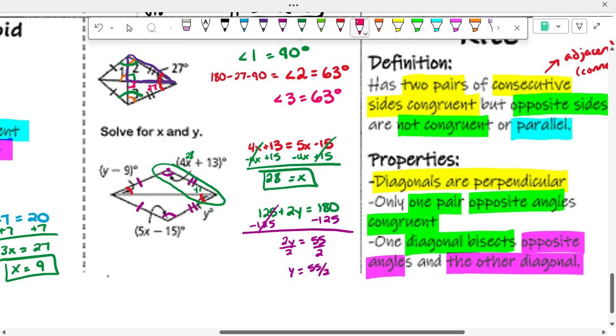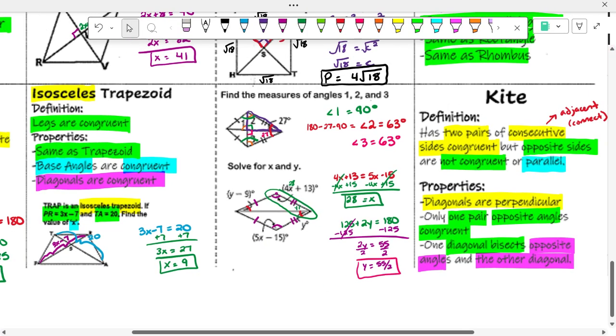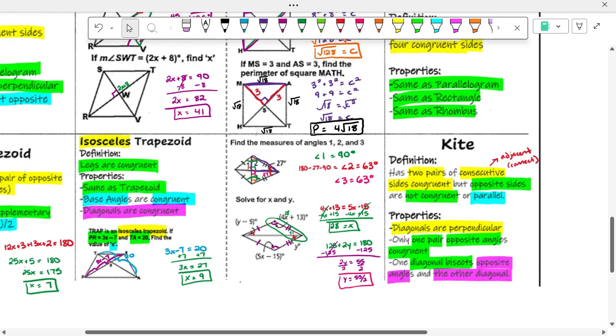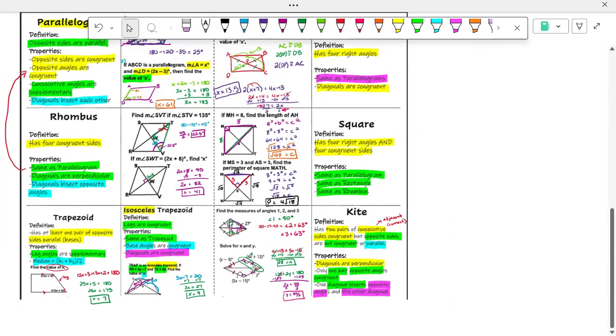Yeah, we'll just leave it at that. All right. Any questions on any of this? All right. So, you guys feel pretty comfortable with the properties?